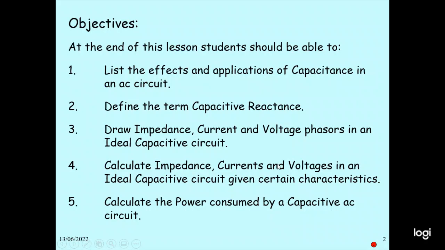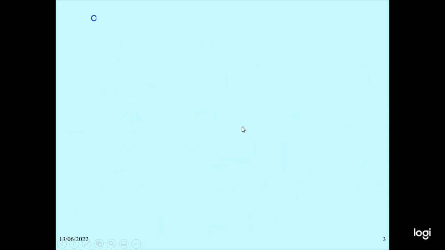At the end of this lesson, students should be able to list the effects and applications of a capacitor in an AC circuit, define the term capacitive reactance, draw the impedance, current and voltage phasor in a pure capacitive circuit, calculate the impedance, current and voltage in a pure capacitive circuit given certain characteristics, and calculate the power consumed by the capacitive AC circuit.